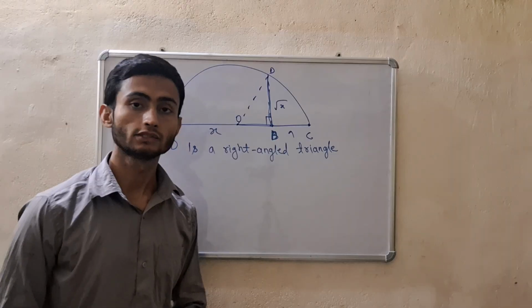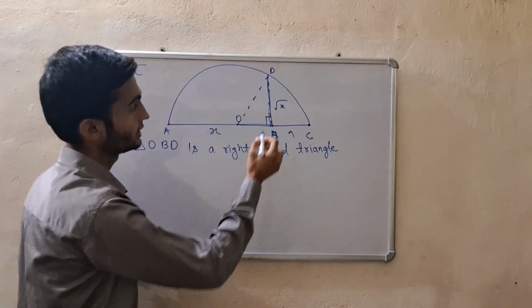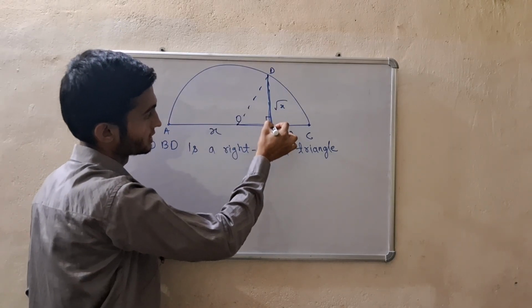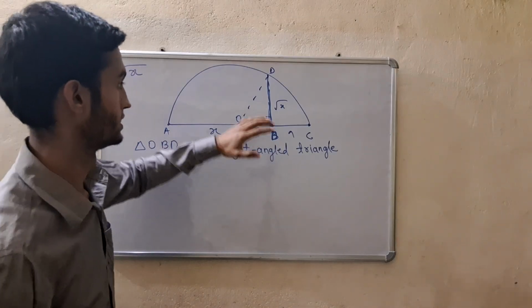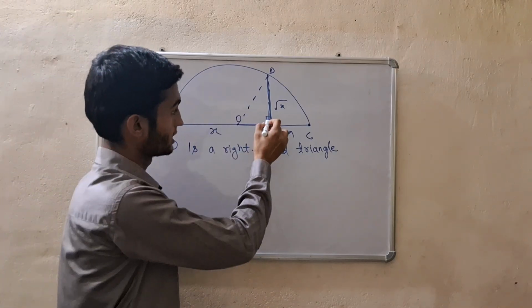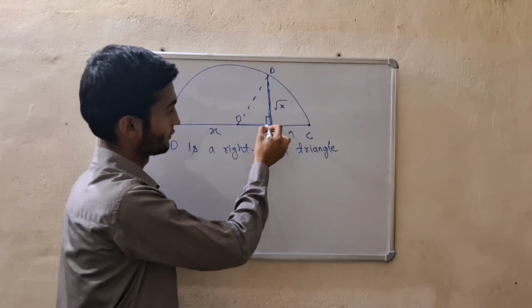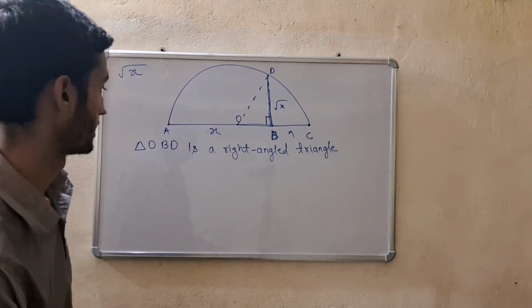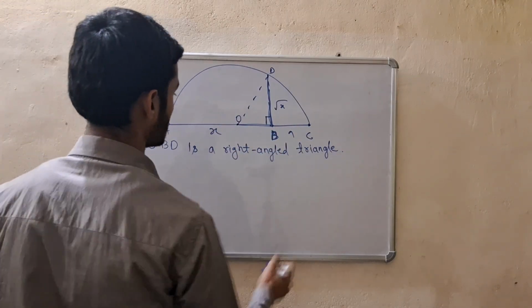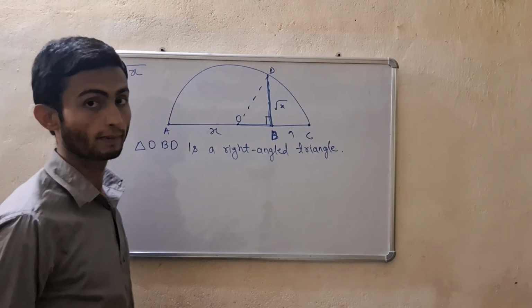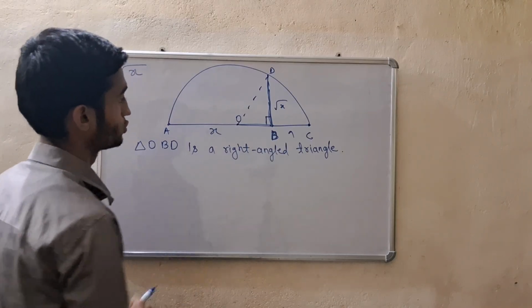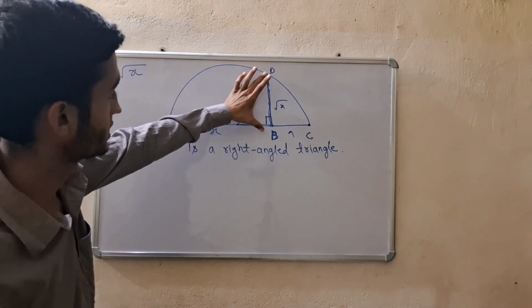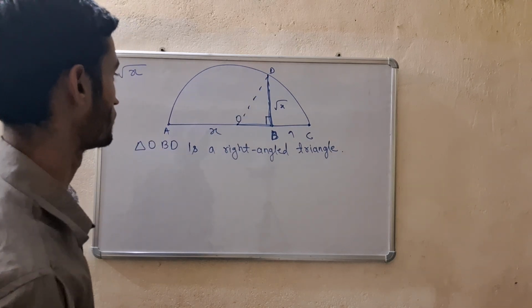Because we have drawn this perpendicular to AC, and a perpendicular makes an angle of 90 degrees with another line segment. Since this is a right angle triangle, we can use the Pythagoras theorem to prove why this length BD is the square root of x.